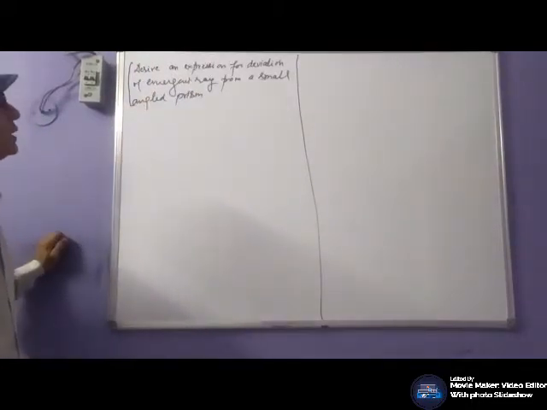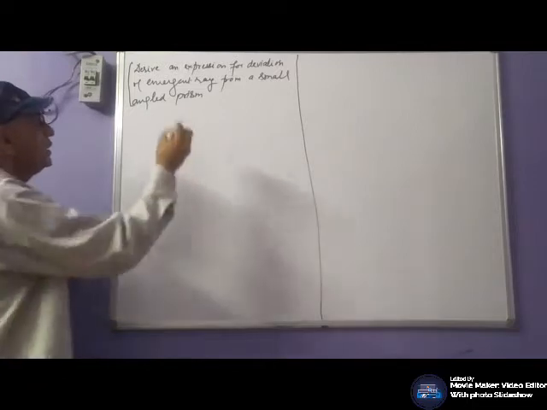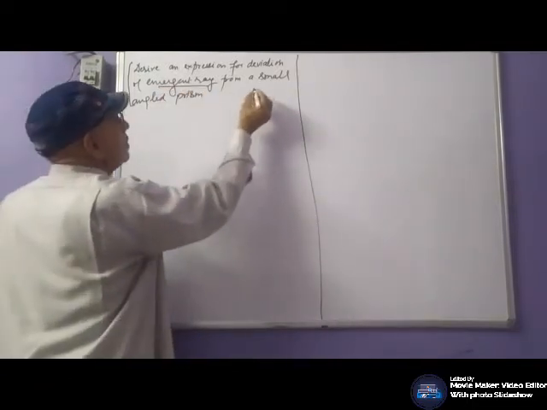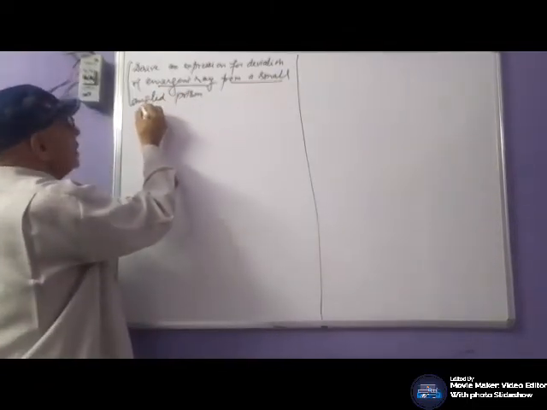A question: derive expression for deviation of emergent ray from a small angled prism.